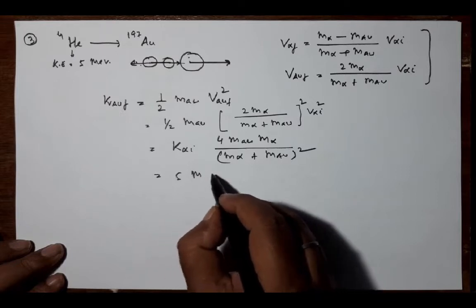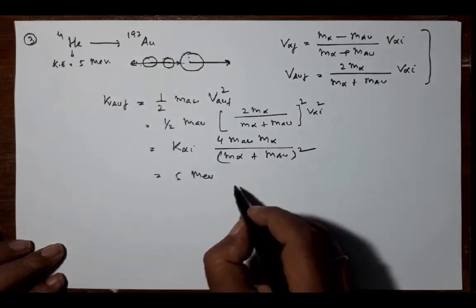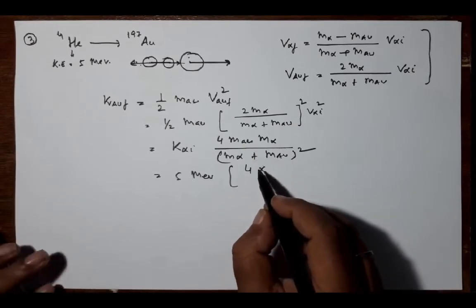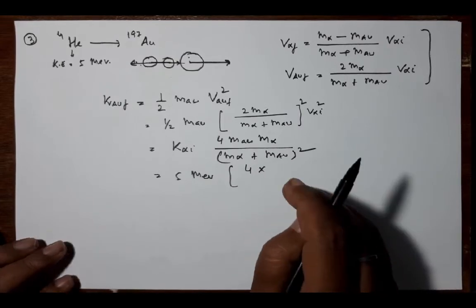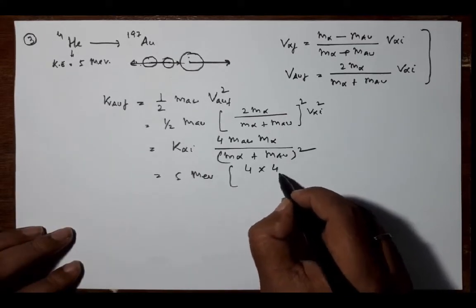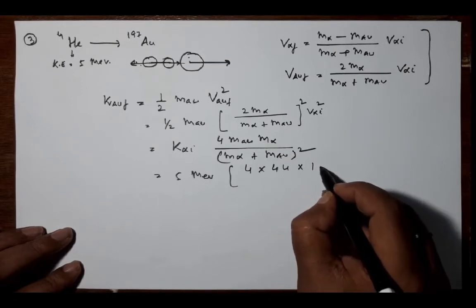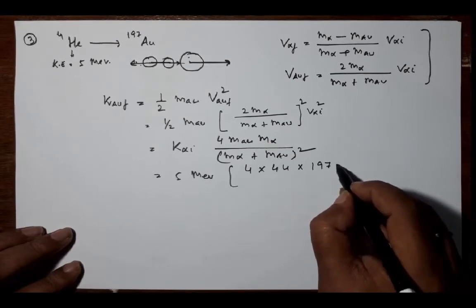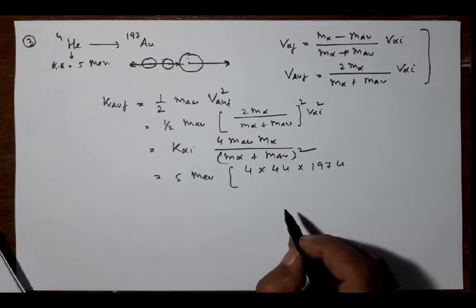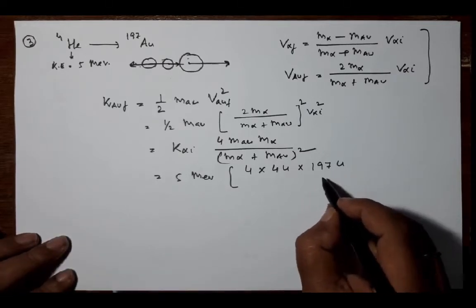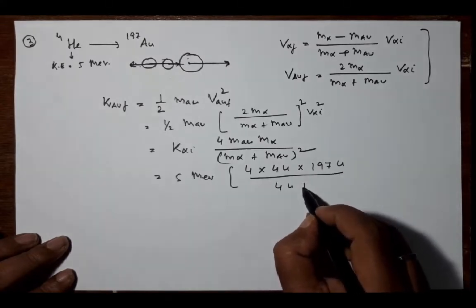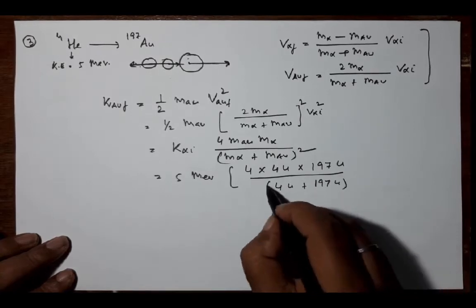K alpha I is 5 MeV, and 4 into M AU is 4 into 197 U, where U is the atomic mass unit, divided by (4 U plus 197 U) whole square.